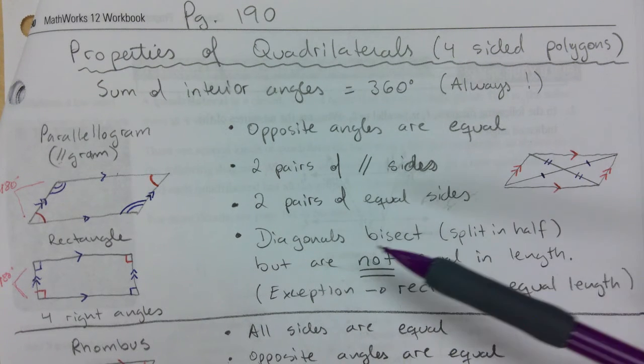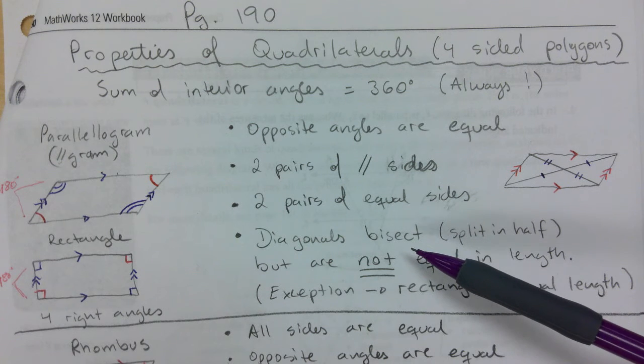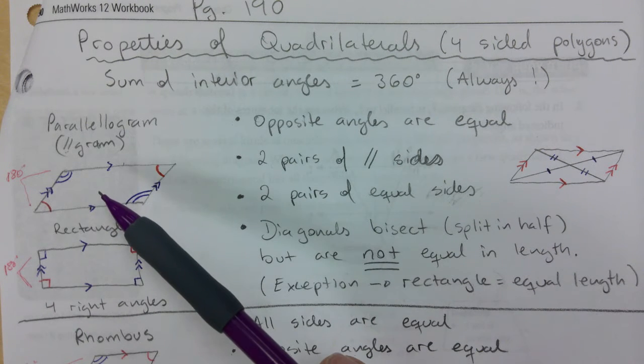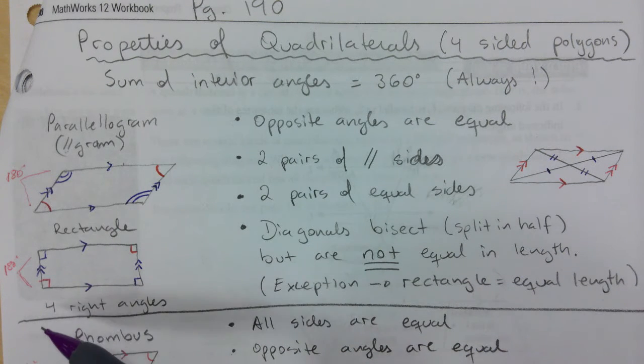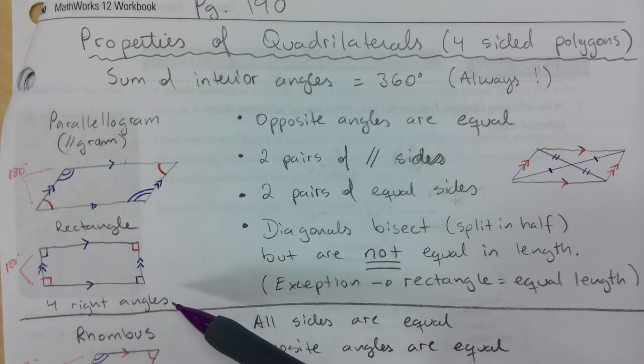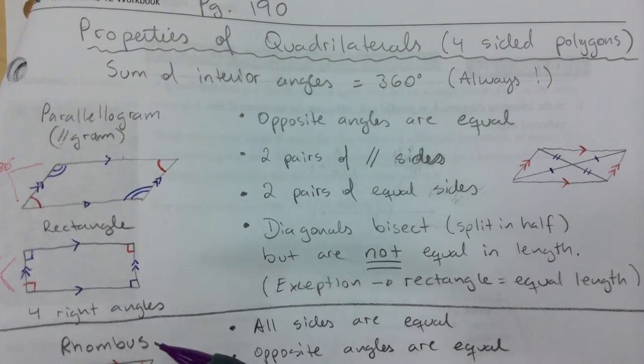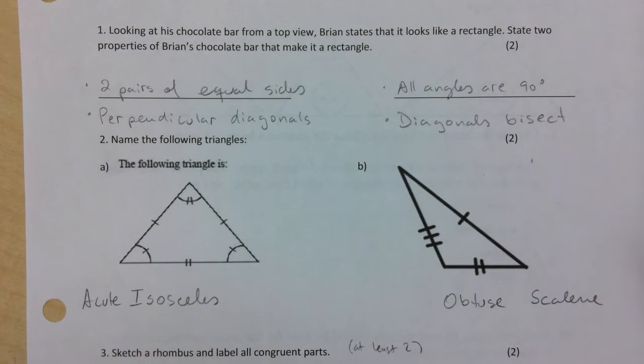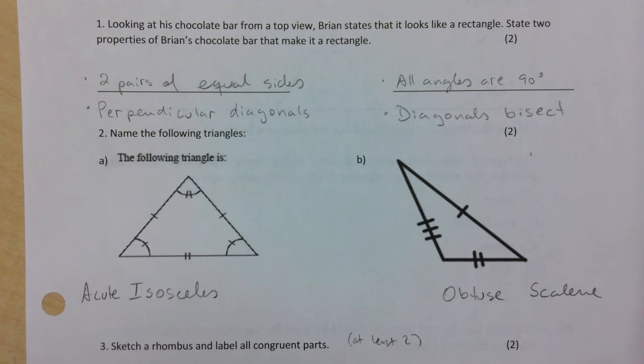You could have said the diagonals bisect. Here, specifically for a rectangle, because a parallelogram and a rectangle are related, it has 4 right angles. That's something I was looking for there: just mentioning those 2 things that are unique to a rectangle.